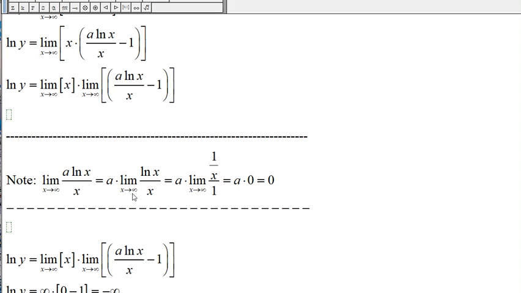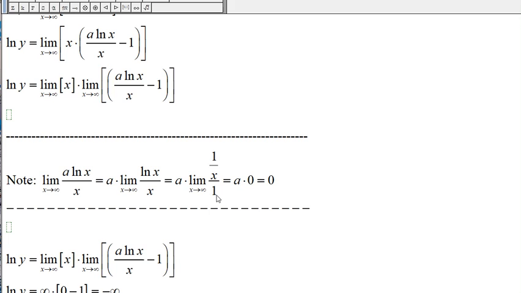And as x approaches infinity, ln of x approaches infinity, and x approaches infinity. So we get infinity over infinity, and so we can apply L'Hopital's rule. The derivative of ln of x is 1 over x.